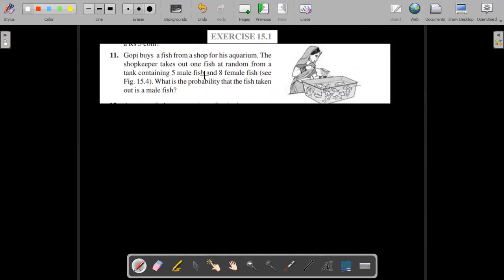The shopkeeper takes out one fish at random from a tank containing 5 male fish and 8 female fishes. What is the probability that the fish taken out is a male fish?